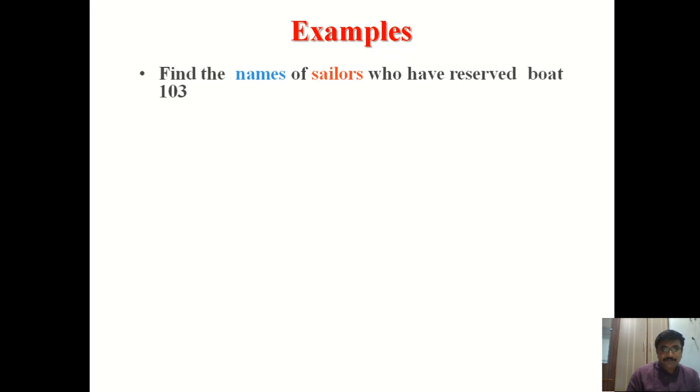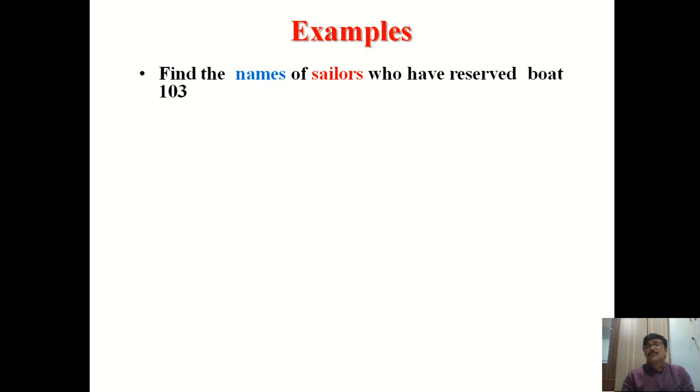Examples. The first one: find the names of sailors who have reserved boat 103. Here we need to display the names of sailors who have reserved boat 103. By using the sailors table, we can display names, but there are no reservation details. For this we need one more table, the reserves table. In the reserves table we have the SID, boat ID and reservation details.